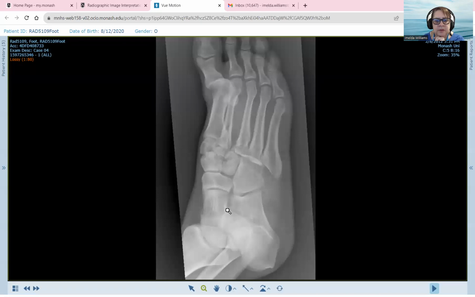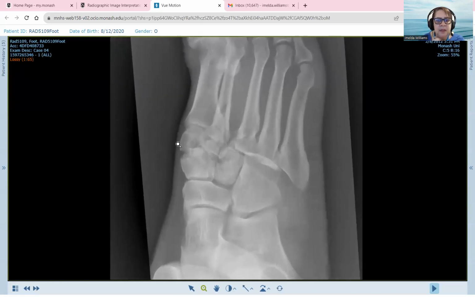And then if we zoom in further, we are able to see that the cuneiforms has been fractured. It also appears as if there's suspicions of fractures of the second metatarsal base and maybe also of the third metatarsal base. And there is an incidental finding.